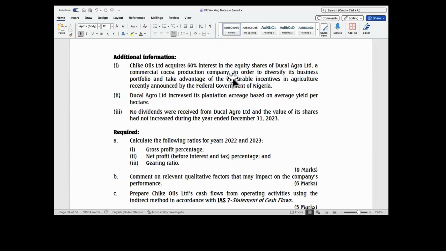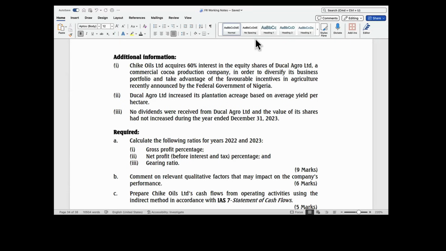Additional information 2. Ducal Agro Limited increased its plantation based on average yield per hectare. Additional information 3. No dividend were received from Ducal Agro Limited, and the value of its shares had not increased during the year ended December 31st, 2023.